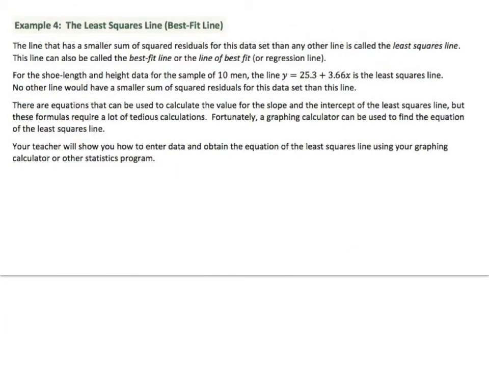All right, the least squares line, the best fit line. Here's where you need your calculators. The line that has a smaller sum of squared residuals for this data set than any other line is called the least squares line. This line can also be called the best fit line, or the line of best fit, or the regression line. Okay, these are all terms that I use all the time.